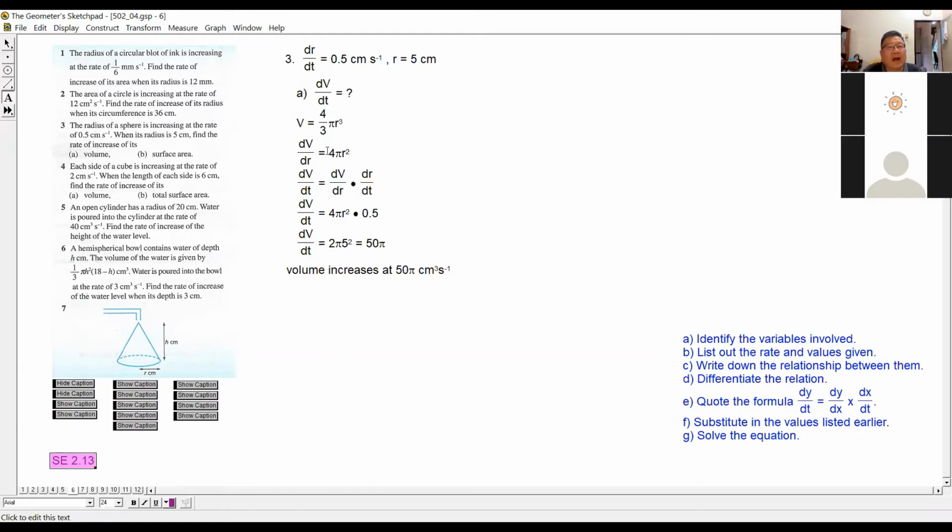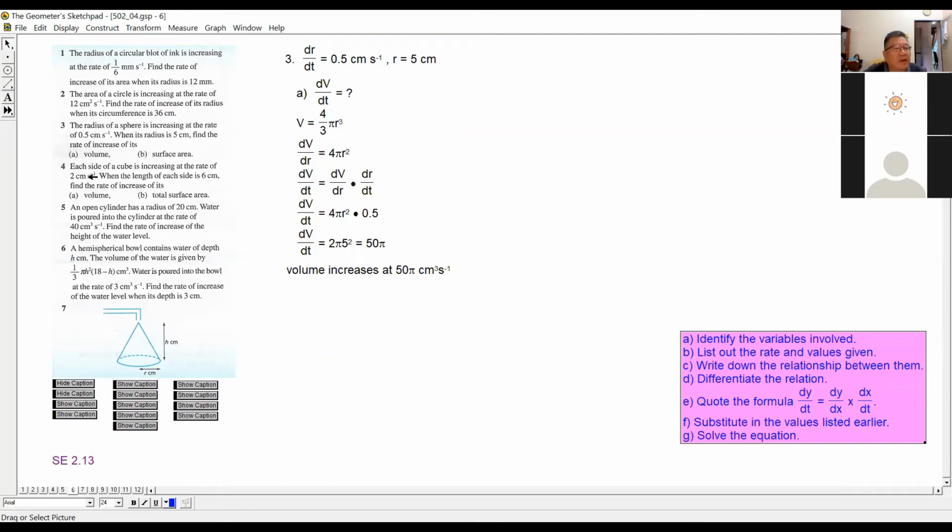Okay, so now you know all the steps. If you have forgotten the steps, then you see the steps I've listed out here. You follow step by step. Like this, list out variable, differentiate the relationship, use the chain rule, and so on, right?